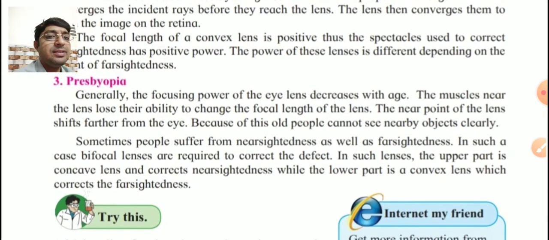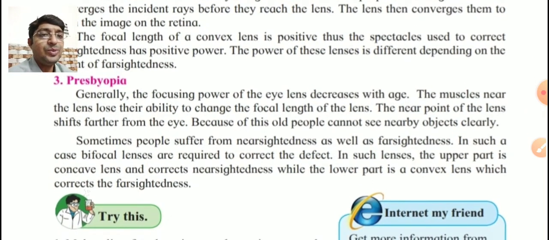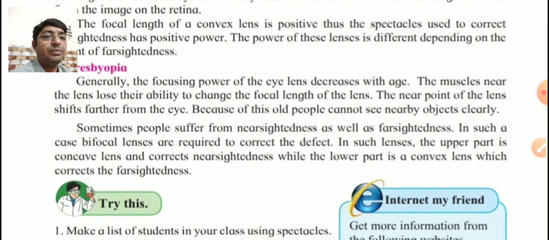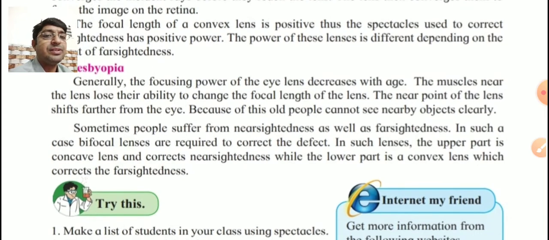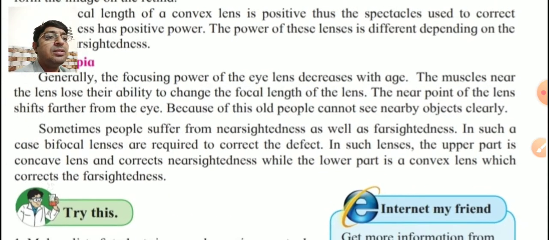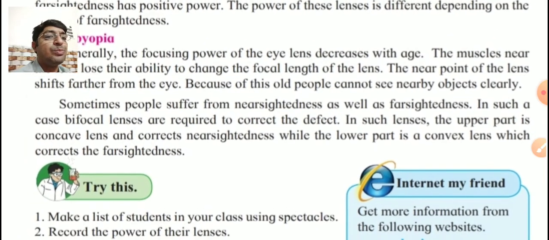The muscles near the lens lose their ability to change the focal length of the lens. The near point shifts farther from the eye. Because of this, old people cannot see nearby objects clearly.